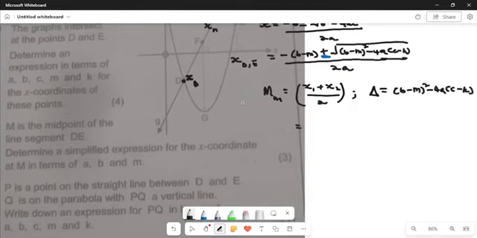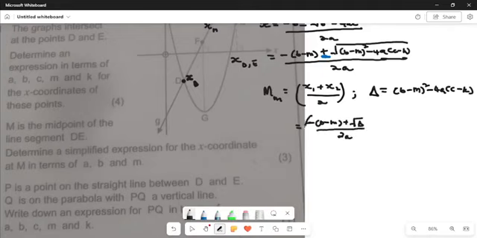So our x coordinate at M, the first one, let's just say we'll take minus (b minus m), then plus the square root of delta, and all of that is still divided by 2a.